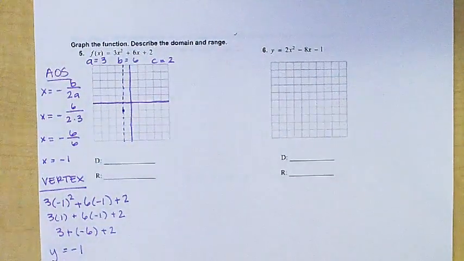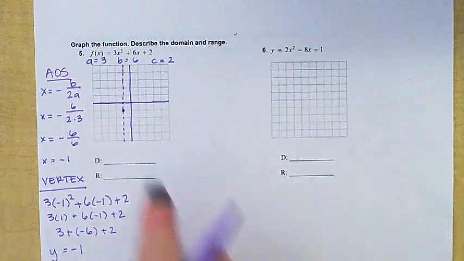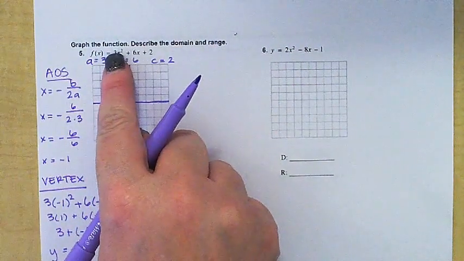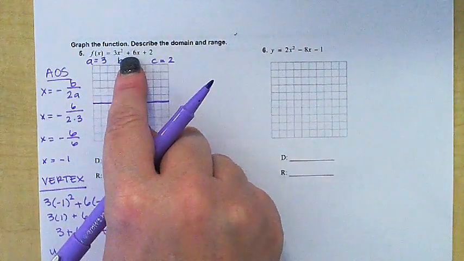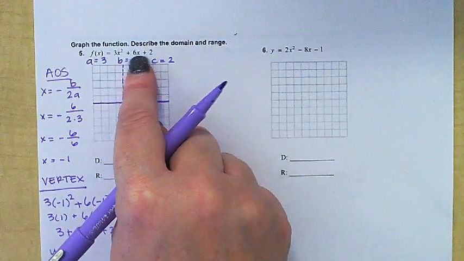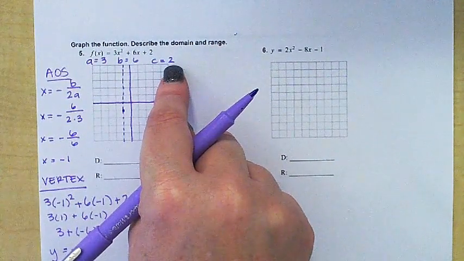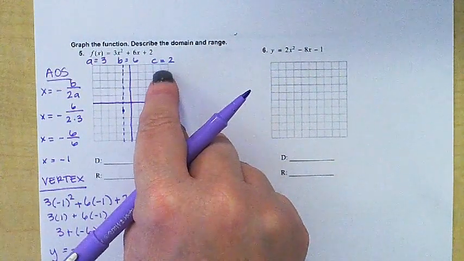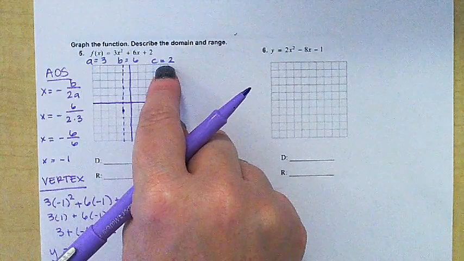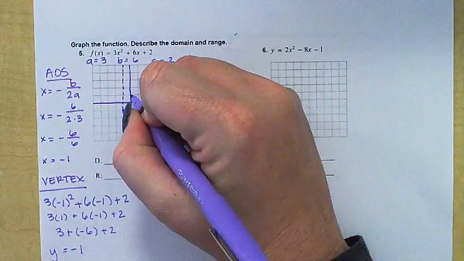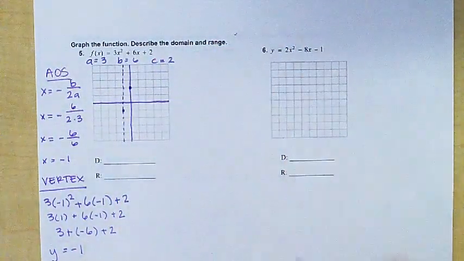What this tells us is that if we were to put 0 in for our x's, that's going to give us 3 times 0 squared is 0, 6 times 0 is 0. That's going to give us a 2. So our y-intercept is going to be this 0, 2. So we can plot that right there.